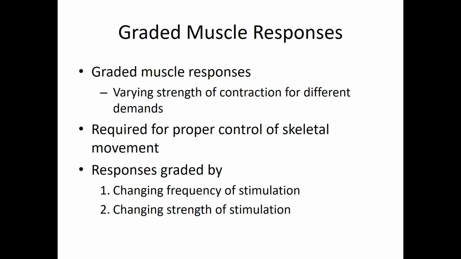It's not on or off; it's anywhere from totally off to maximal contraction with every possible step in between. The gradation happens through two different means. One of them we've already talked a little bit about, strength of stimulation. One of them we haven't really talked about, and that's frequency of stimulation.